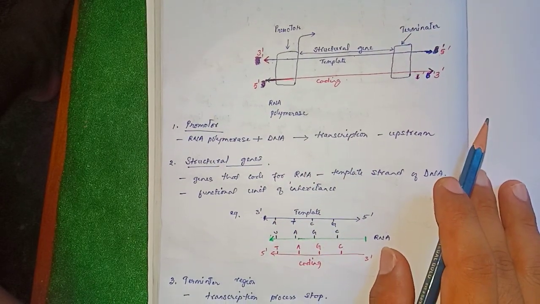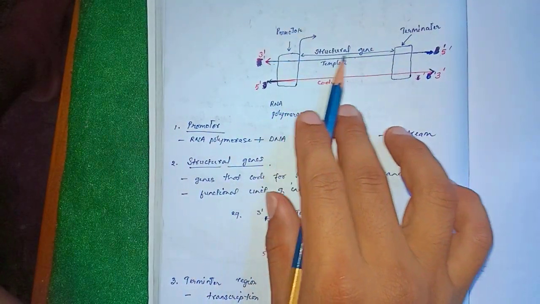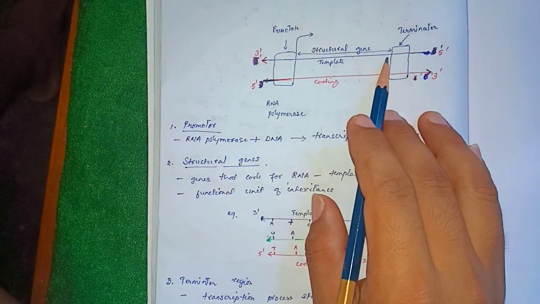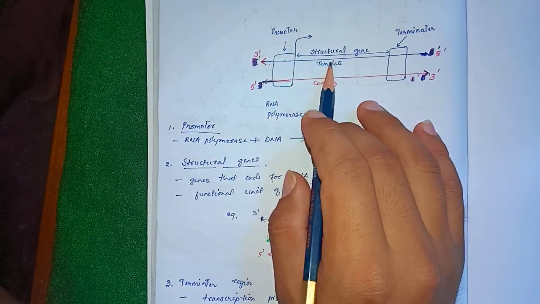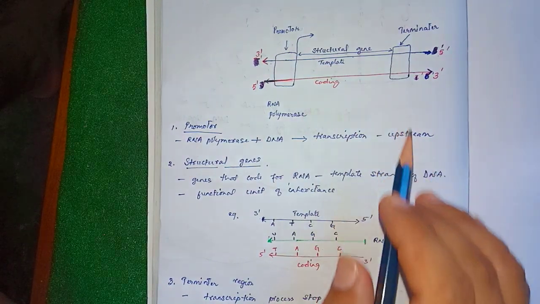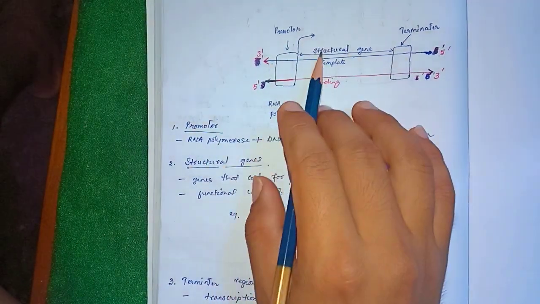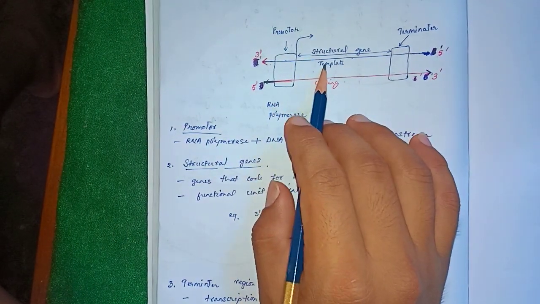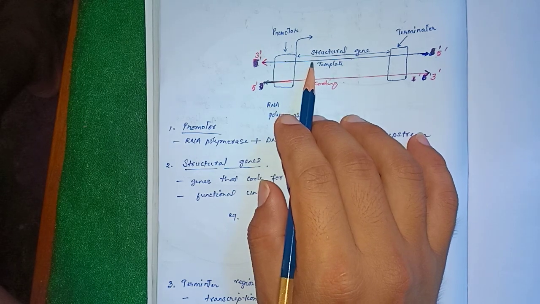Now the second is the structural gene. This is the structural gene. The structural gene is the gene that codes for RNA. So this structural gene is present only in the template strand of the DNA.